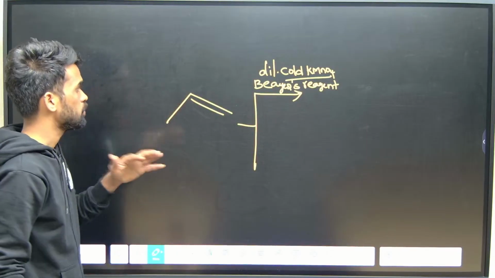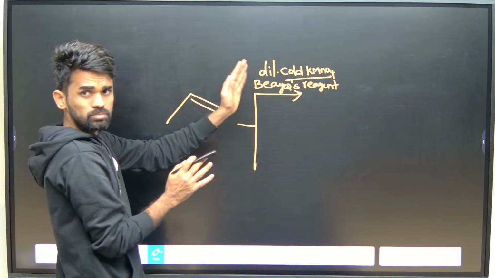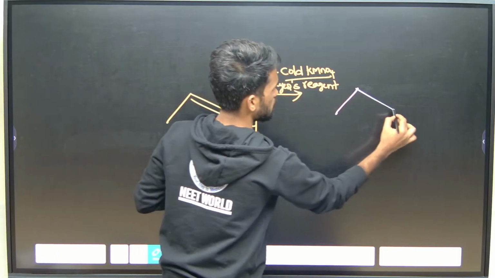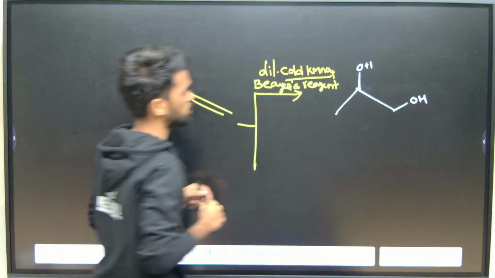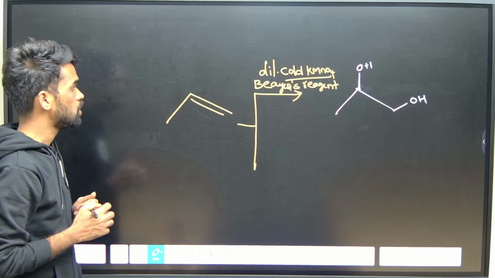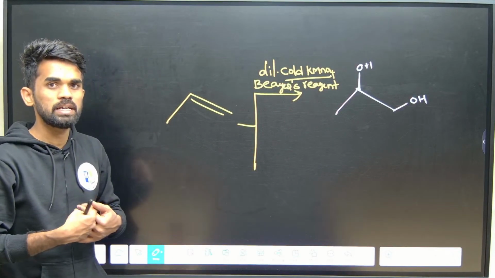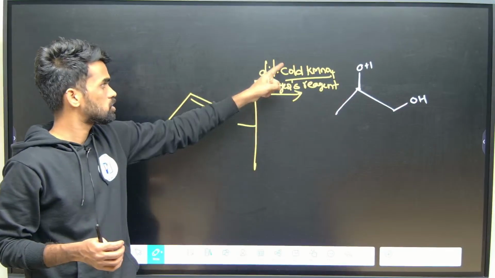Whenever you see this, simply remove the double bond and insert 2 OH groups. Wherever alkene carbons are there, you insert just 2 OH groups. So you can simply say it is a dihydroxylating agent, meaning it hydroxylates 2 positions.